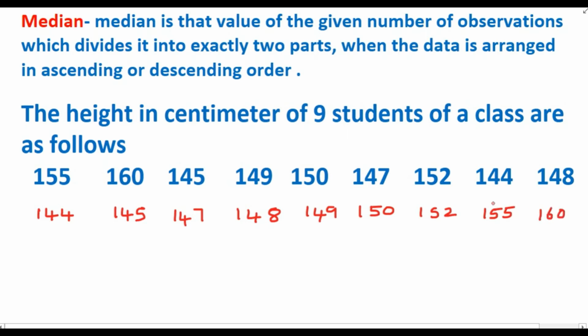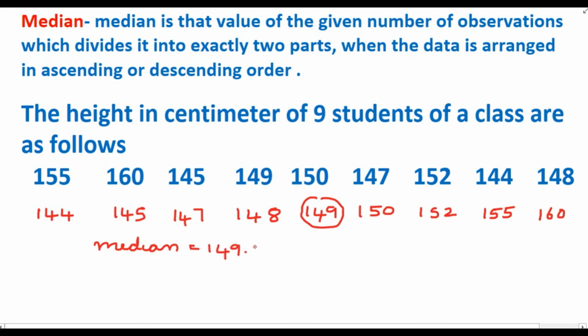Now we need to find out median, and it is very clear that median is 149. This is the middlemost score. We have 4 on the left side of 149 and 4 scores on the right side of 149, and 149 is the middlemost score. So for this data, median is 149.